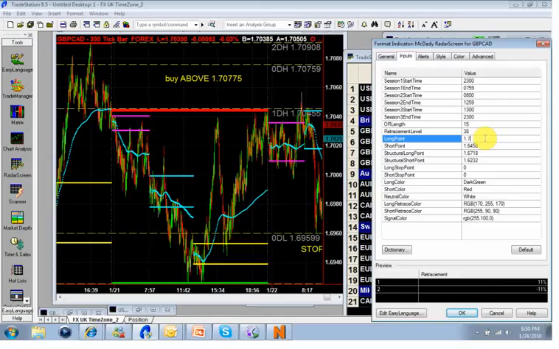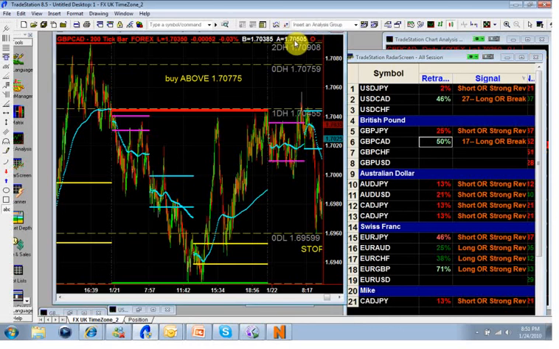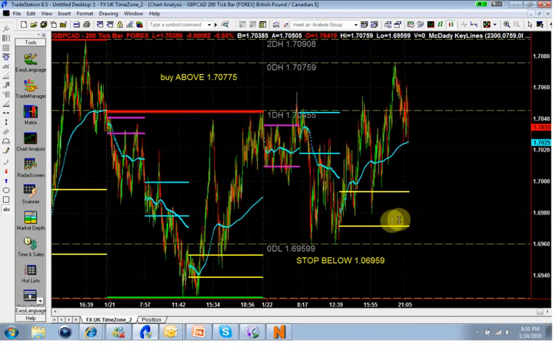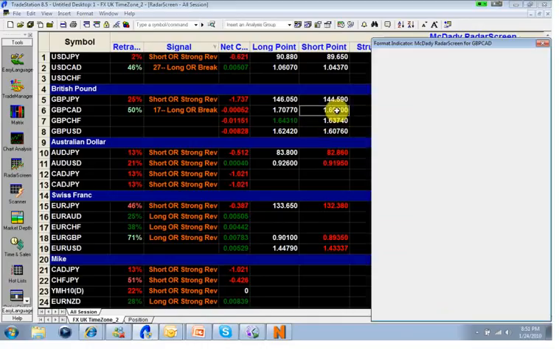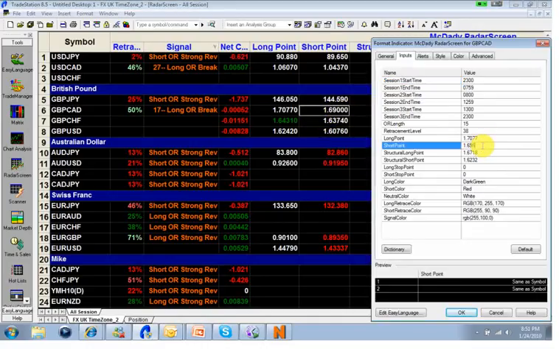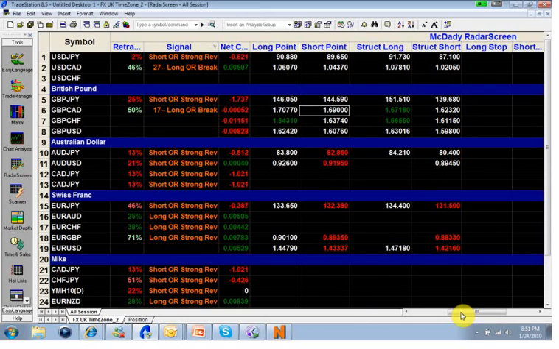And our short is 169.59. And the pound candle structure points are too far away, so I'm going to leave them as is right now. Okay?